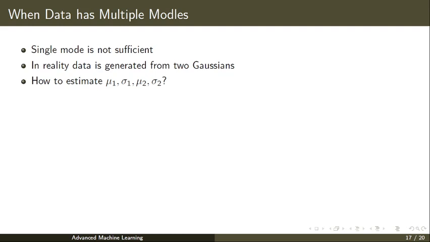What if, in reality, the data is generated from two Gaussians, or it's a mixture of two Gaussians? It's a GMM, a Gaussian mixture model. In that case, we would like to estimate mu1, sigma 1 and mu2, sigma 2. Not only that, this is just theta.